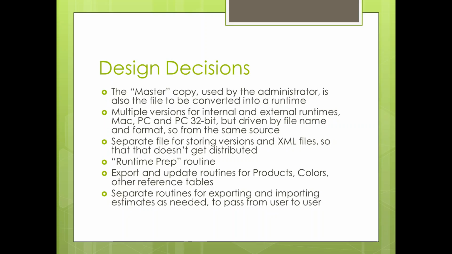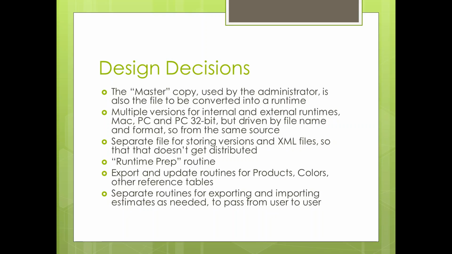We also ended up with multiple versions of the runtime. So we have a Mac version, a PC version, and a PC 32-bit version. But also remember they had internal and external users. And their old runtime, they actually had two completely separate runtime files for that, which made some data migration really fun because they didn't have the same fields and so forth.